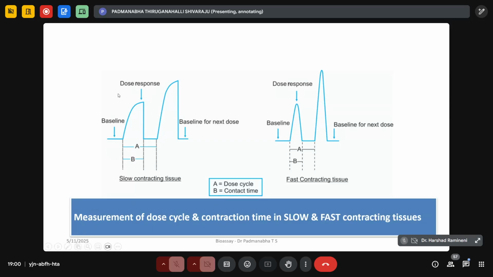So these are the three responses we saw. This should be a baseline. Then we need to check for a dose response, and this is for slow contracting tissue, and this is for fast contracting tissue, and this is the baseline for the next dose.